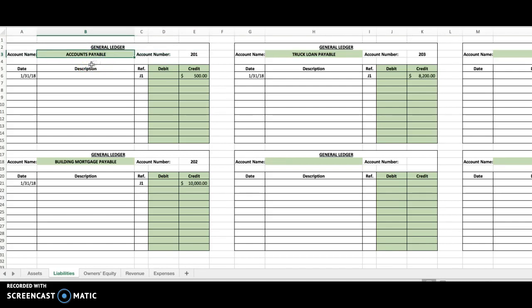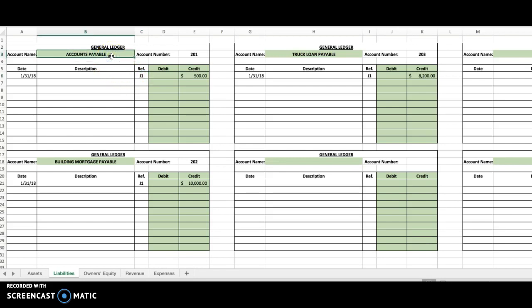These are liabilities. As of January 31st, we owe $500. And again, that may be a total. It may be that we owe $500 to one person, but maybe it's a total that we owe to several people. There would be sub-accounts again to give us that information. But as of January 31st, we owe $500, and this refers back to Journal page 1.